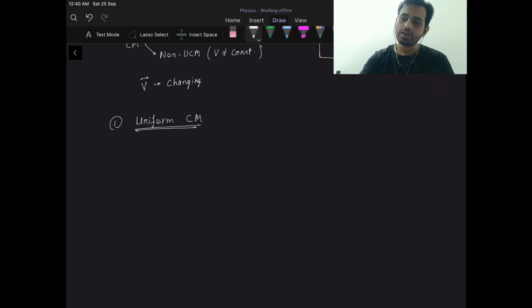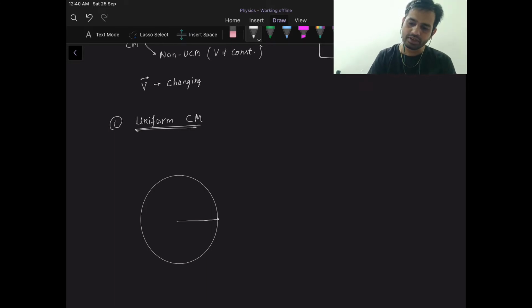To find this, let us try to draw a circle, and here the particle is over here. The speed of the particle is equal to v, and the radius is r.